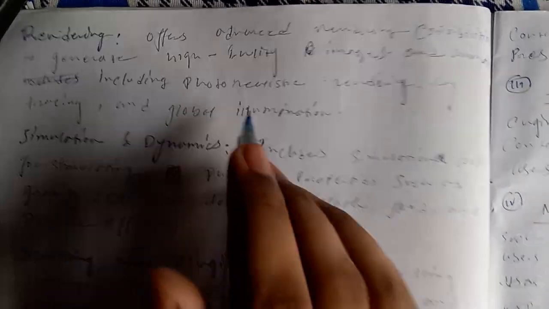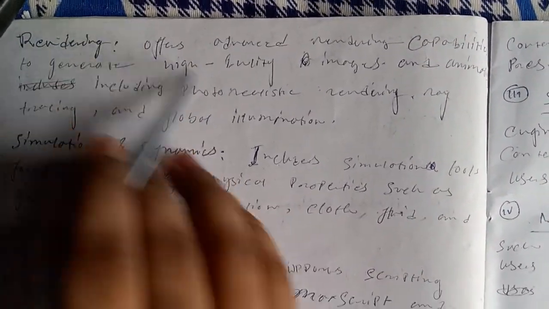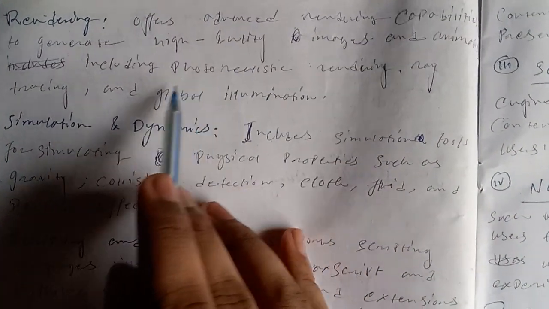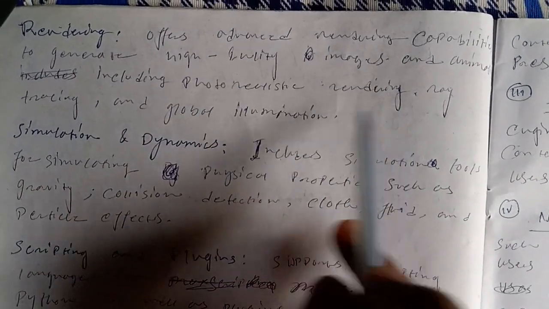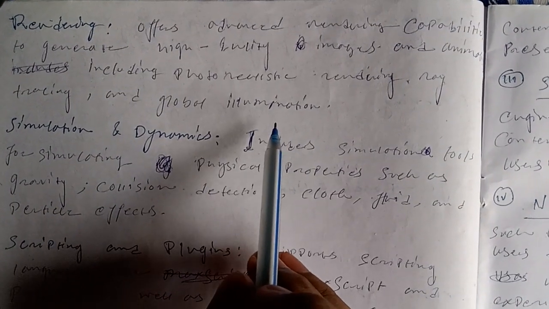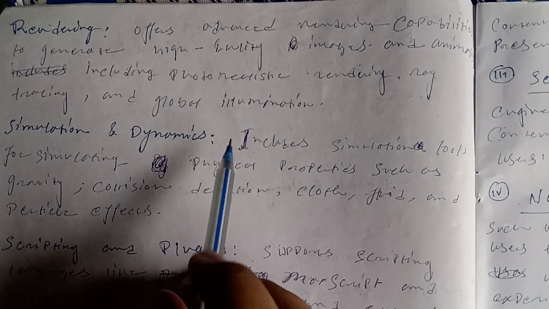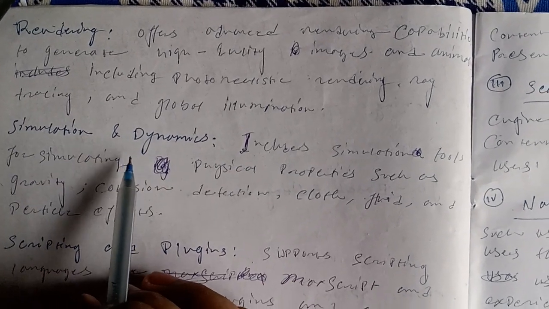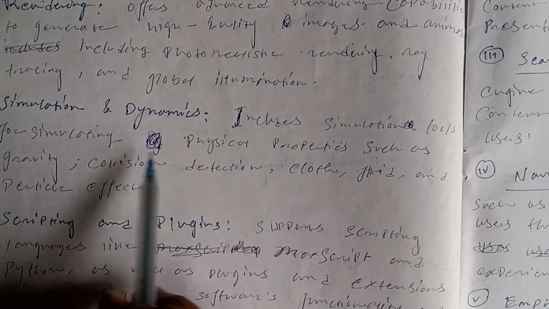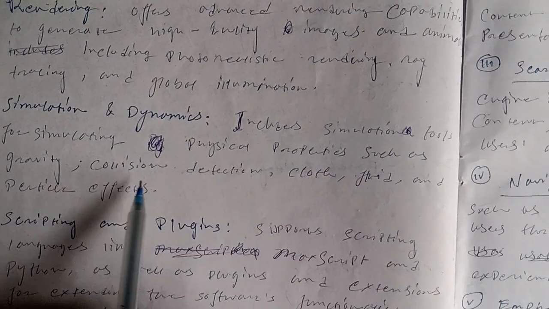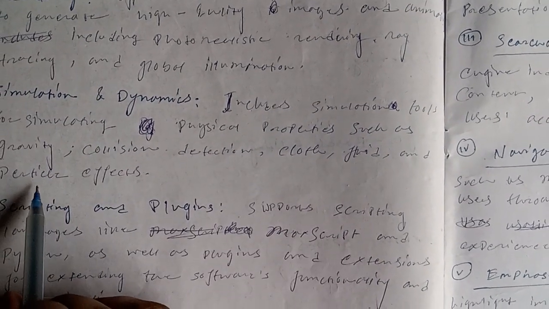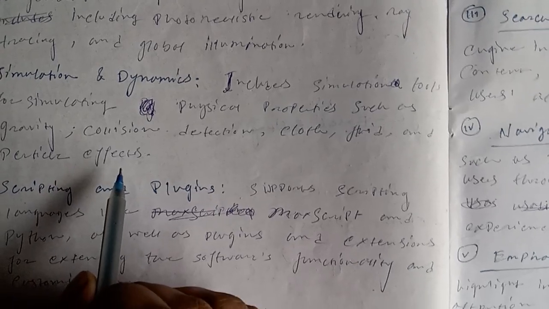Then we have rendering. It offers robust rendering capabilities to generate high-quality images and animation, including photorealistic rendering, ray tracing, and global illumination. Then simulations and dynamics includes simulation tools for simulating physical properties such as gravity, collision detection, cloth, fluid, and particle effects.